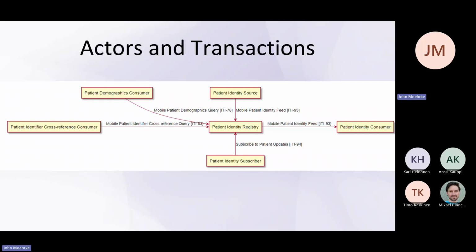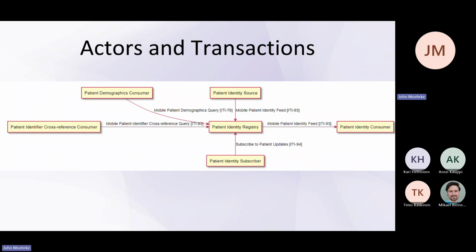So in this way, you can see that clients just need to follow the PIXm or PDQm profiles. They don't need to know that they're talking to PMIR versus something else. So that's the left-hand side.